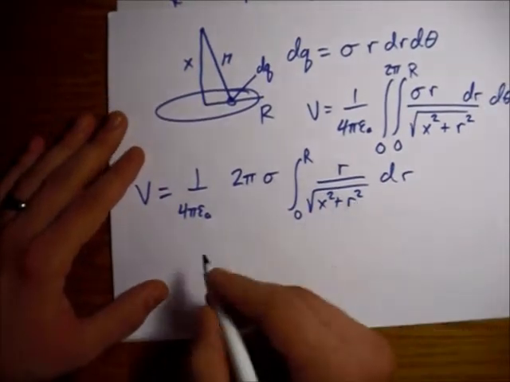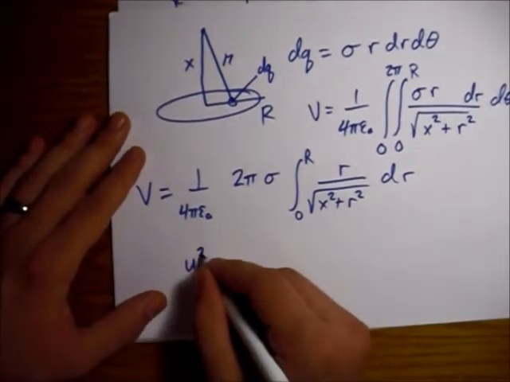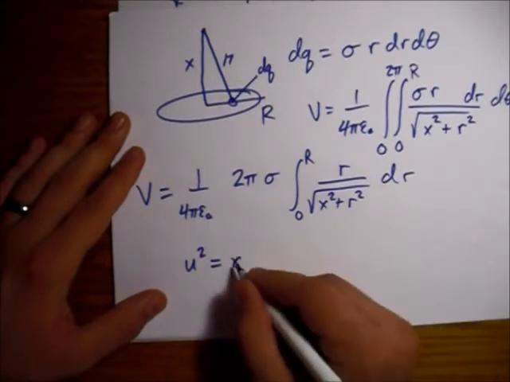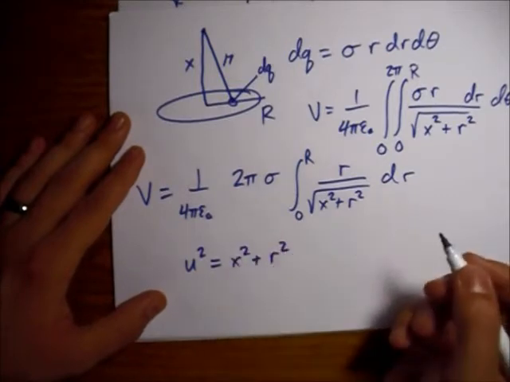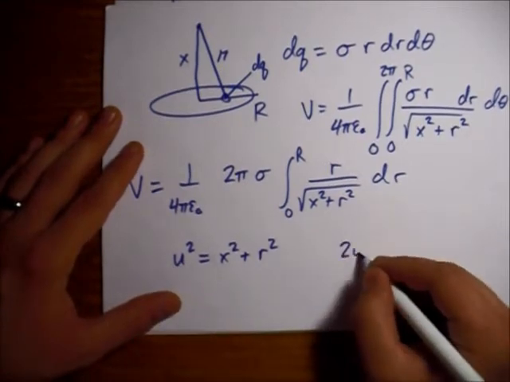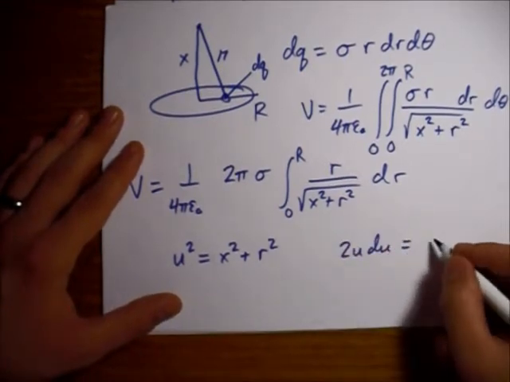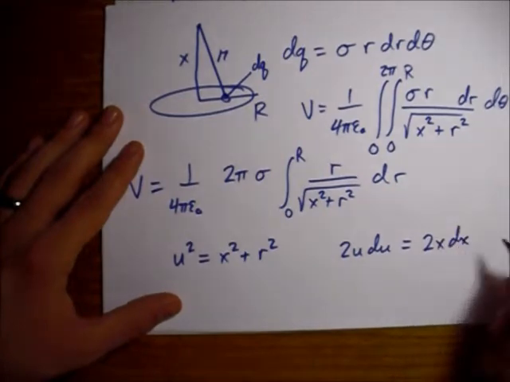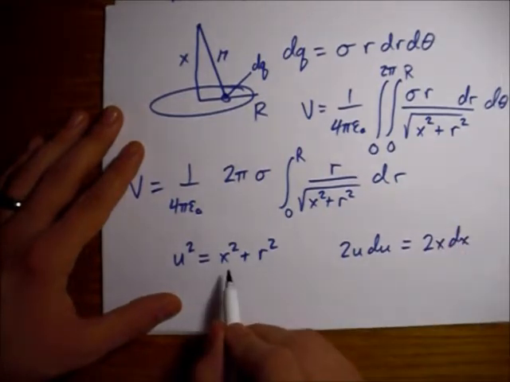So I'm going to go ahead and make the substitution of u squared equals x squared plus r squared. Finding our differential, we get 2u du is equal to 2x dx. Oh, sorry.